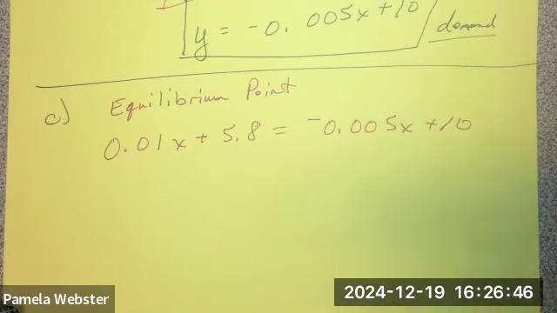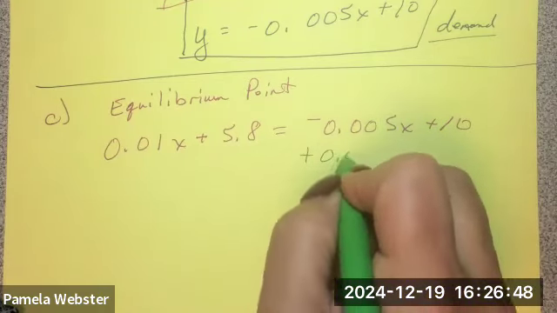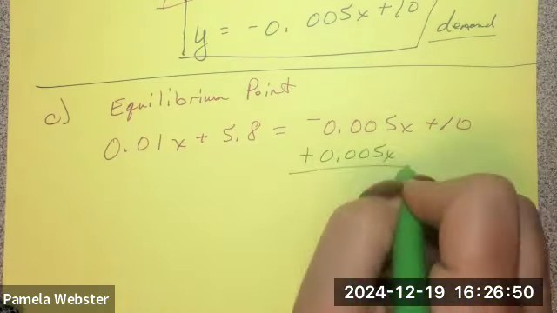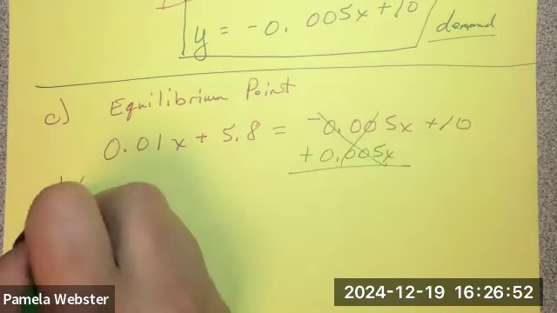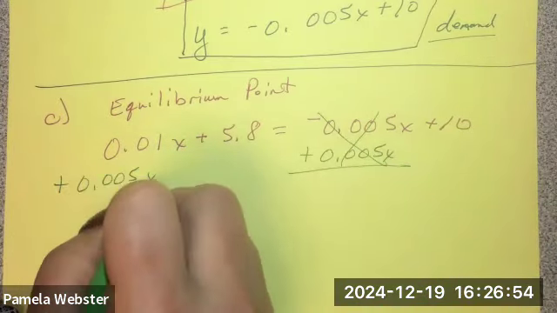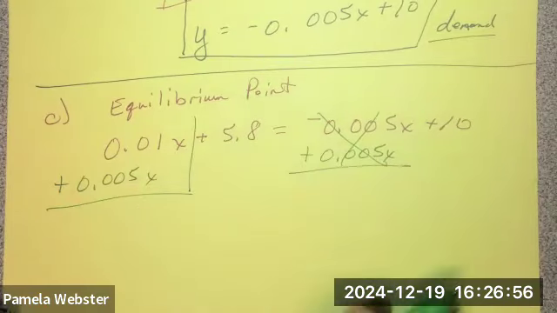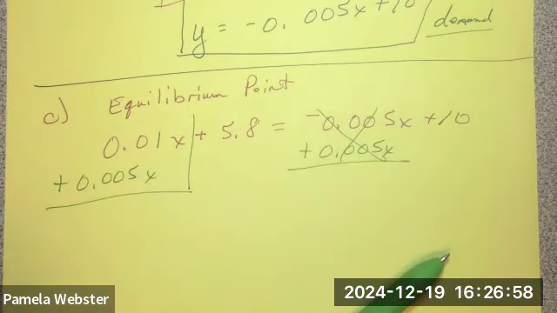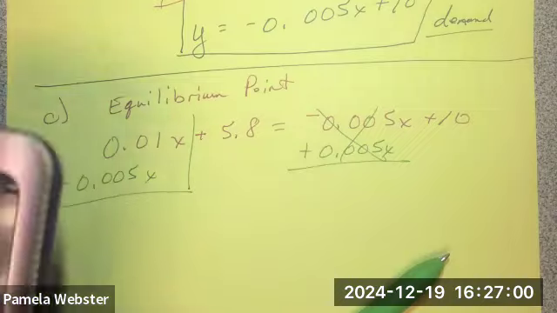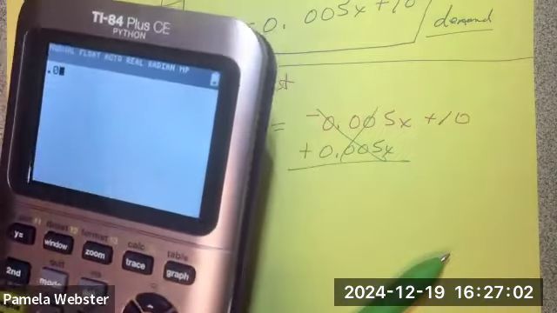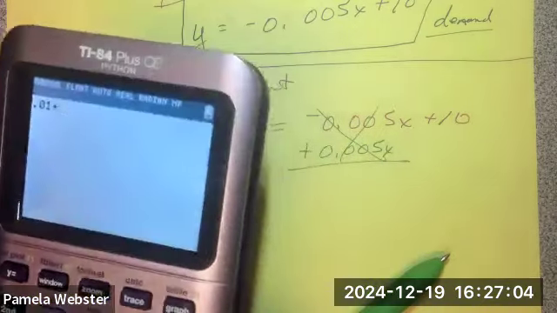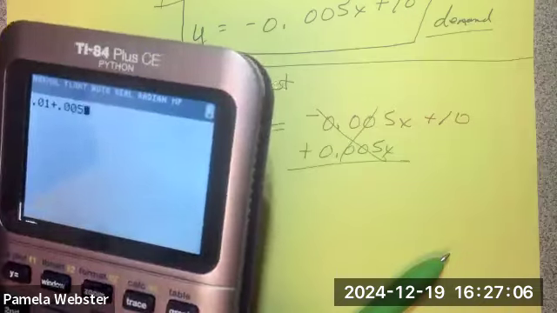I'm going to move all of my x's onto the other side so that those will be added right there. So let's get that up. 0.01 and it's plus 0.005.